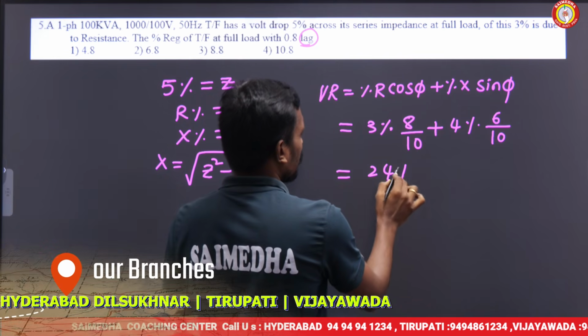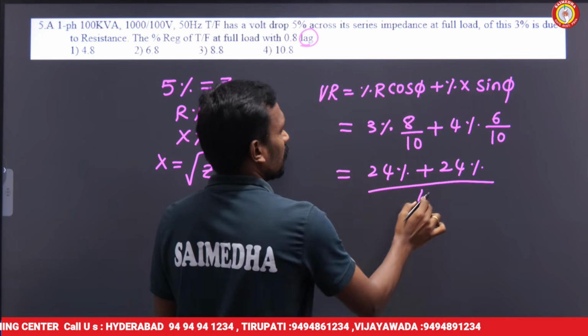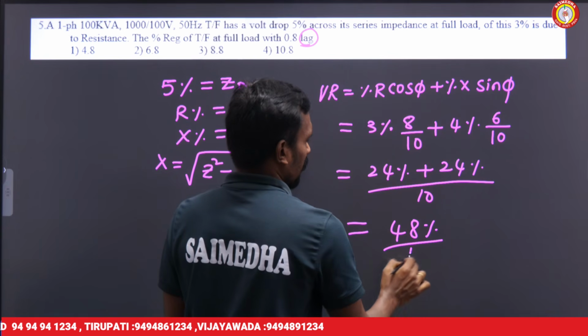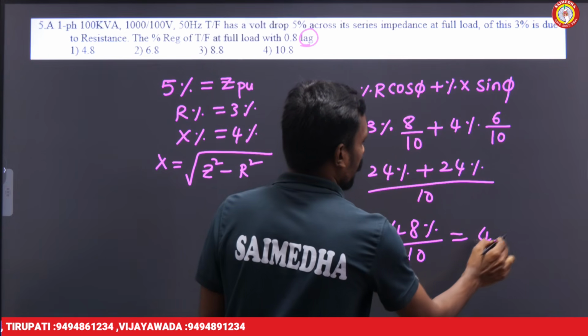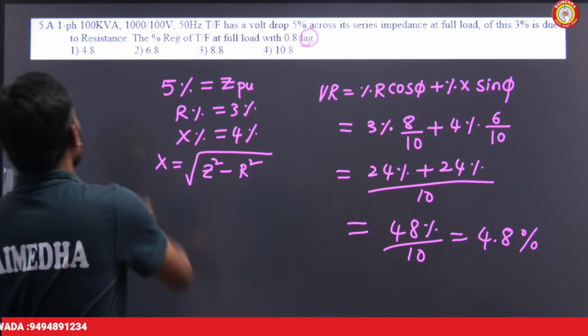This is 2.4% and this is also 2.4%, and with 10 common, 24, 24, 48% by 10, nothing but 4.8% will be our answer.